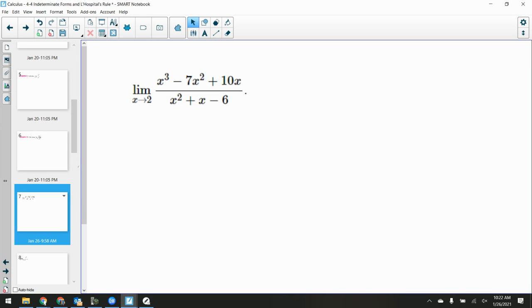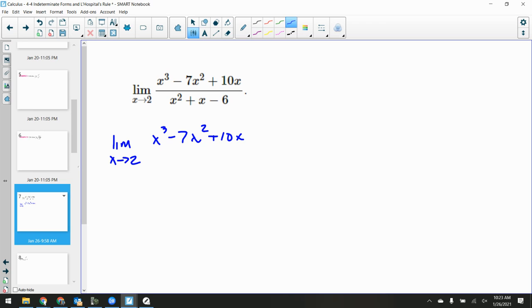Anyway, we've got x to the third minus 7x squared plus 10x over x squared plus x minus 6. Now, if I tried to just do direct substitution with 2, what happens to the numerator? What happens if I try to evaluate the limit as x goes to 2 of x to the third minus 7x squared plus 10x?